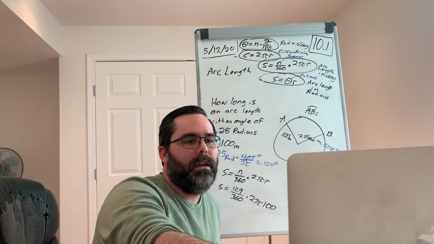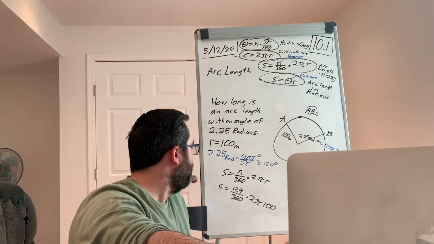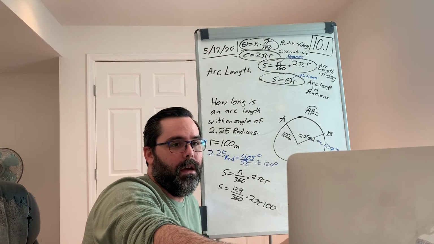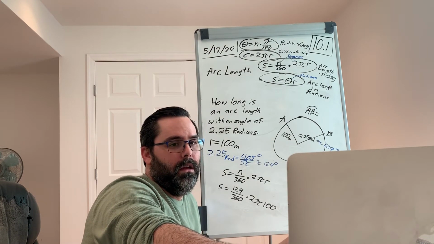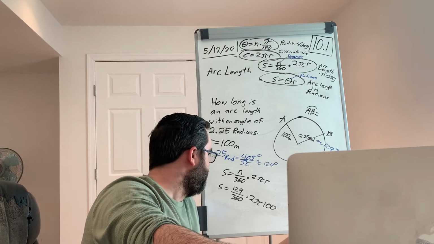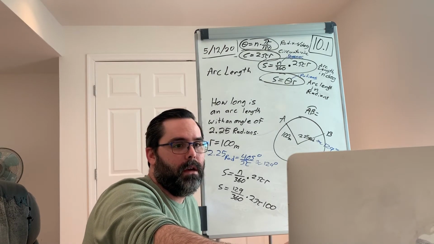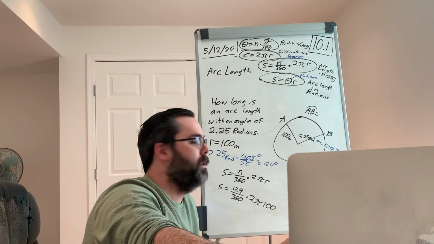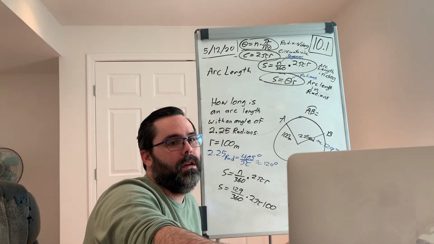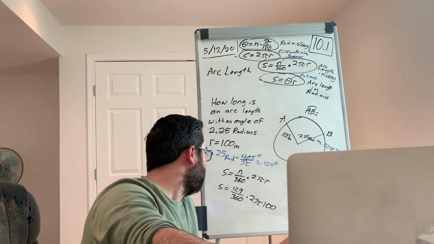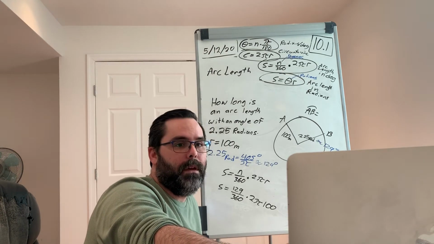I'm going to do the math. 129 times 2 times pi times 100. That's a big number, about 81,000 something. And we're going to divide that by 360.